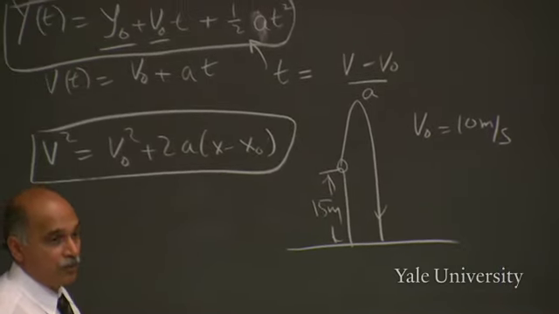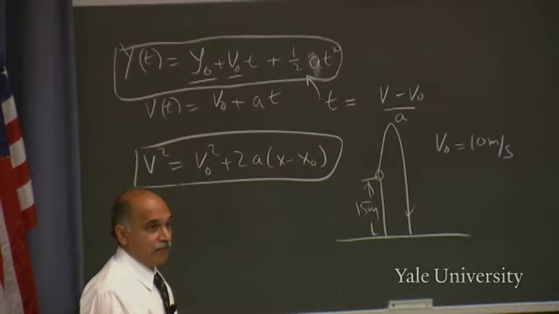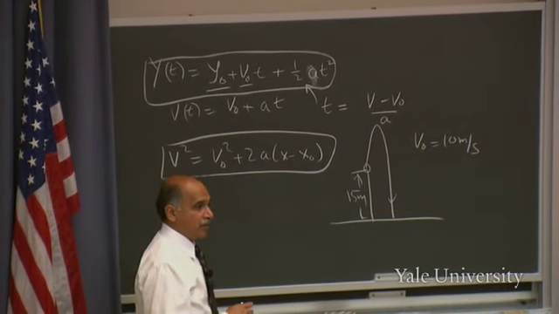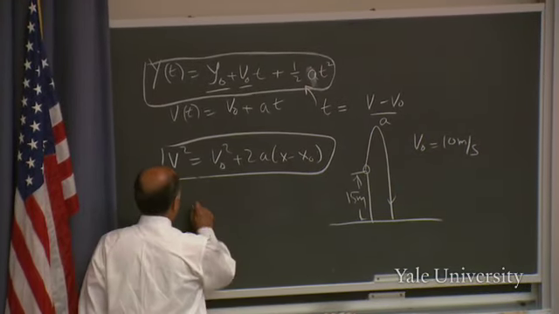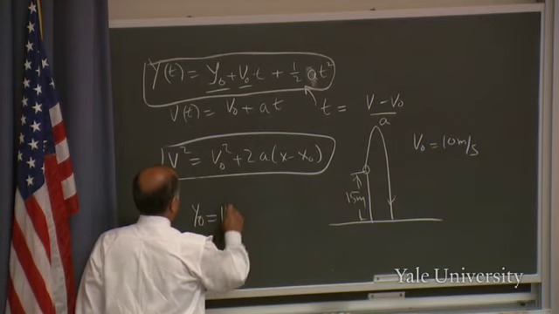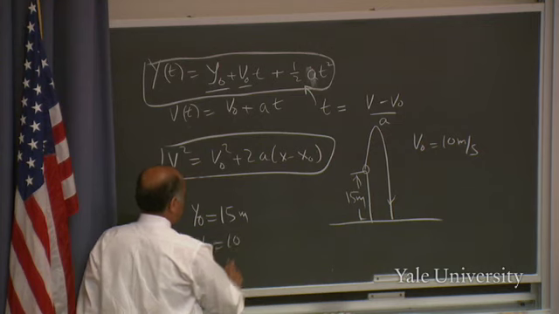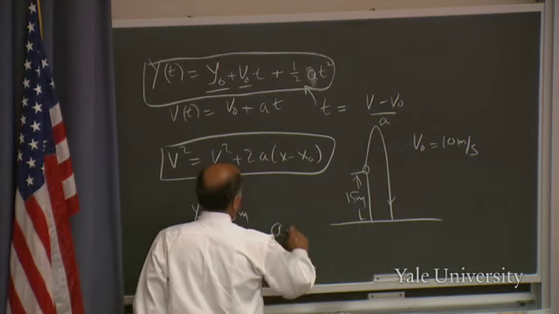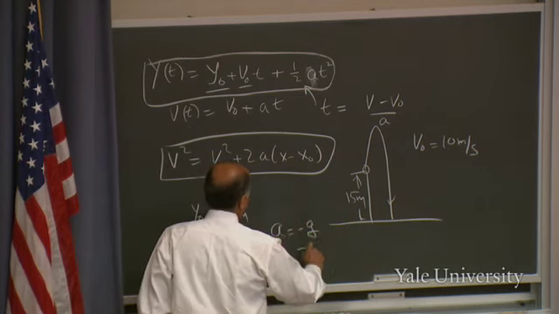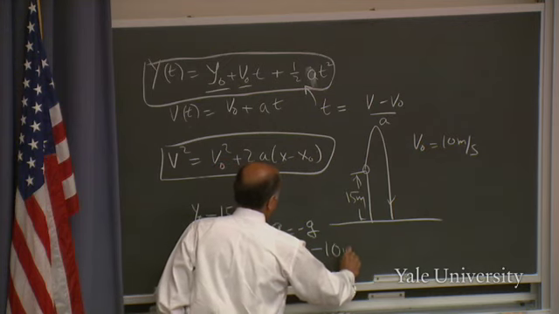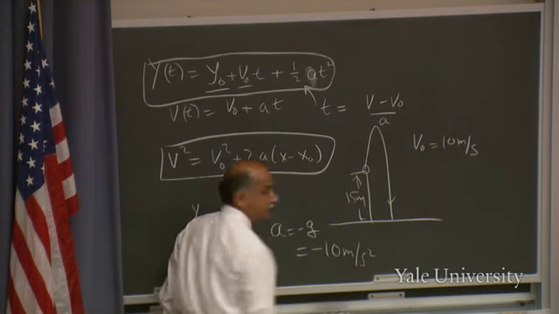So you got to get used to the notion of what will be given in general and what is tailor-made to the occasion. So we know in this example, the initial height should be 15 meters, and the initial velocity should be 10. And for acceleration, I'm going to use minus g, and to keep life simple, I'm going to call it minus 10.